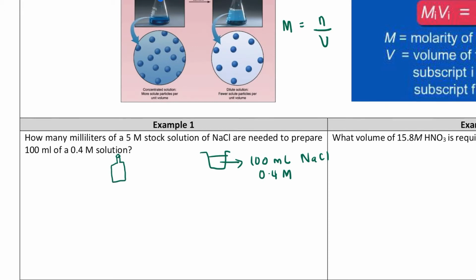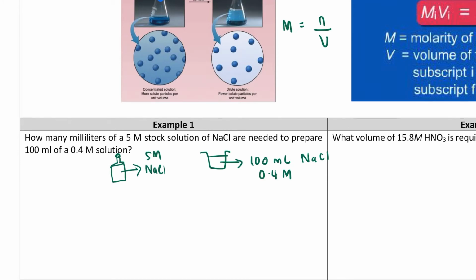Dalam botol ni tak kisahlah, tak pastilah ada berapa volume dia, tapi yang pastinya NaCl dalam ni dia punya concentration adalah 5 molar. Persoalan dia kata berapa banyak volume yang 5 molar NaCl ni yang diperlukan untuk menghasilkan solution 100 ml NaCl dan concentration dia adalah 0.4 molar.